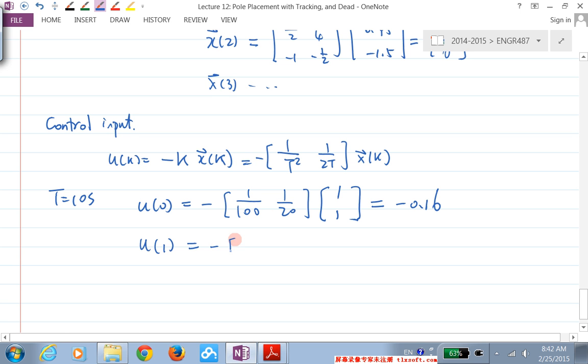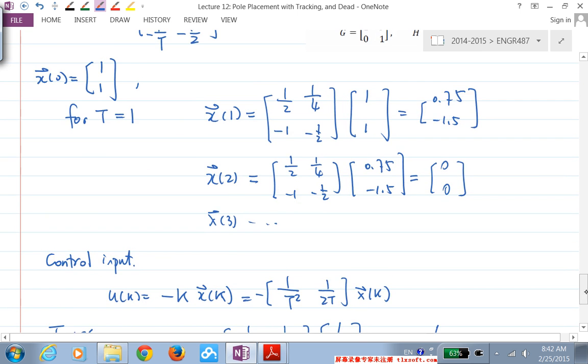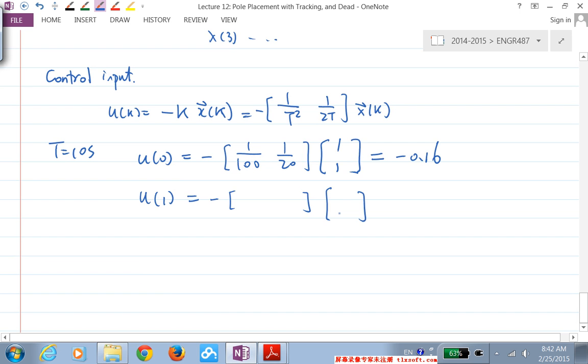So same gain times the next state. I guess you can calculate the value for the response of t equal to 10 seconds. But anyway, I think you're going to end up with 0.06 here. Oh, the first one is?